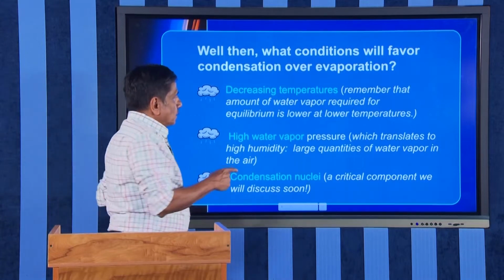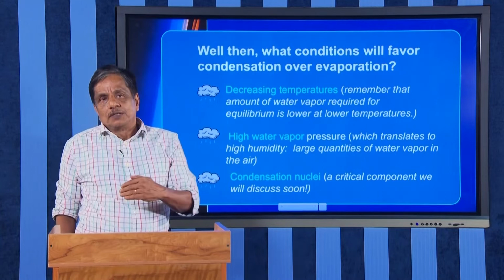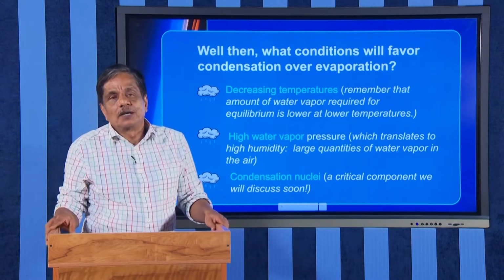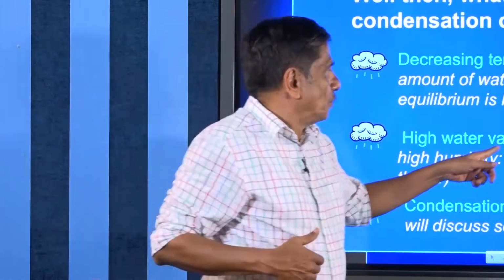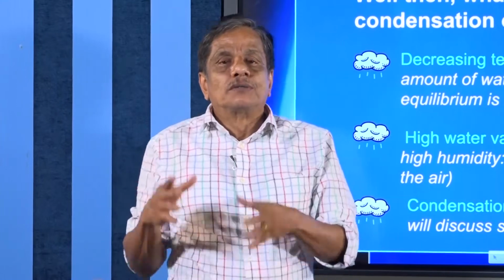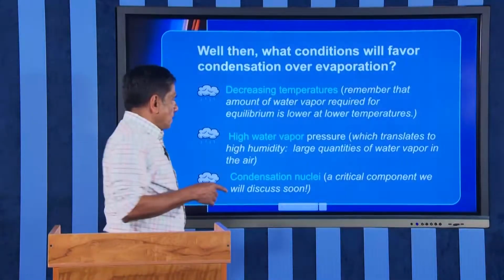High water vapor pressure means more water vapor present in the atmosphere, which translates into high humidity. High humidity means more water vapor, and low humidity means low water vapor. High humidity is always found in summer, because summer is hot, and low vapor pressure or low humidity is always found in winter, because the sunlight is less intense.